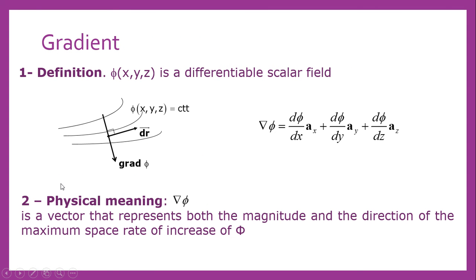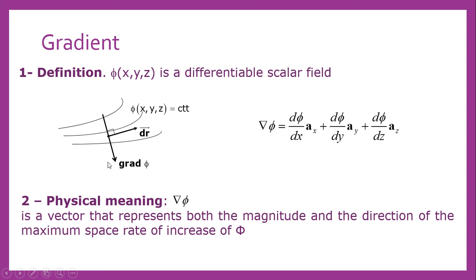So, the definition. In this diagram, del is the vector and phi is the scalar. The scalar field phi should be differentiable. If it is a constant, then the gradient will become 0. Phi is a scalar field which varies with x, y, z. If you find the gradient vector, it will point in a direction like this.